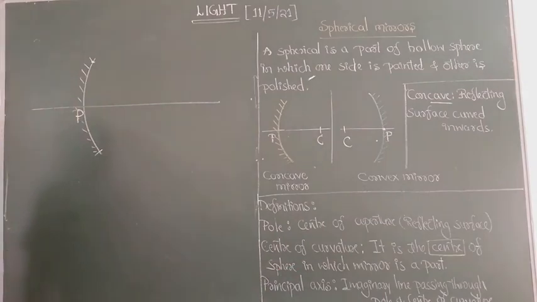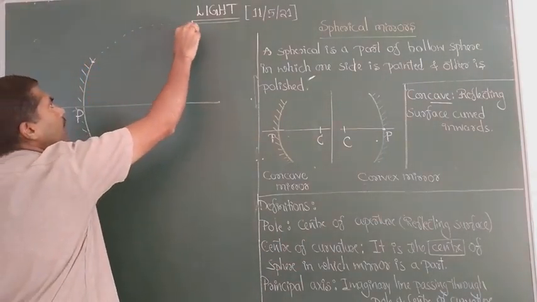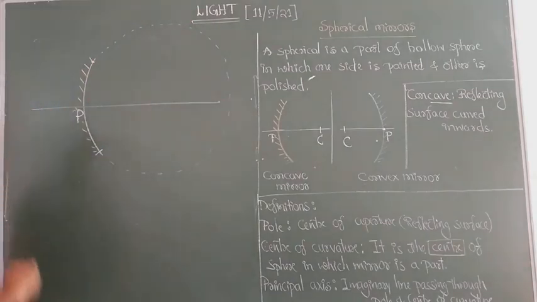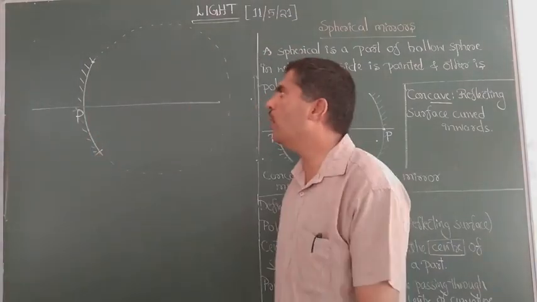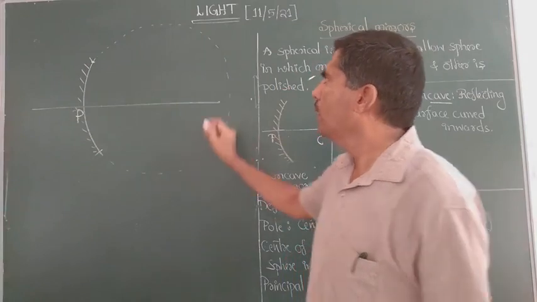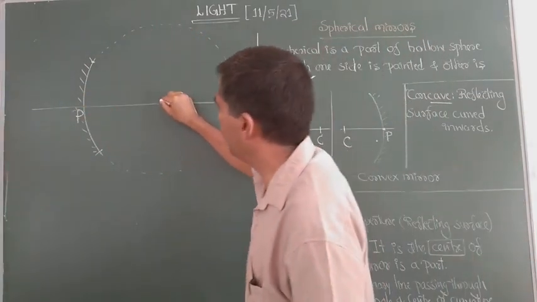Now, actually this mirror is a part of big sphere. That big sphere is the body, other part. So that sphere had a center.